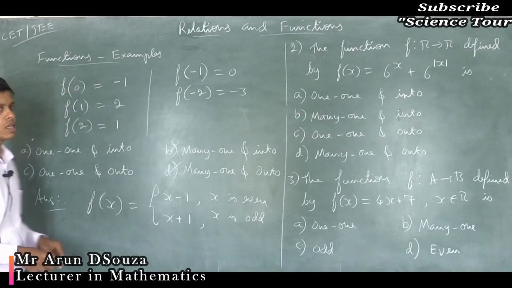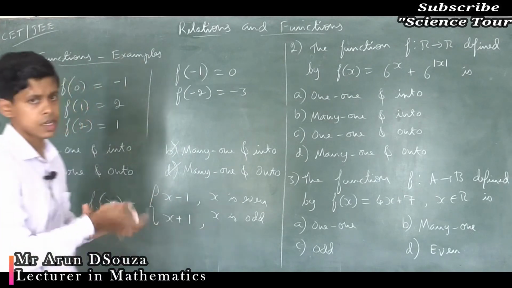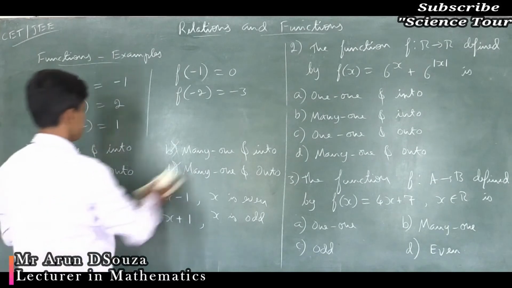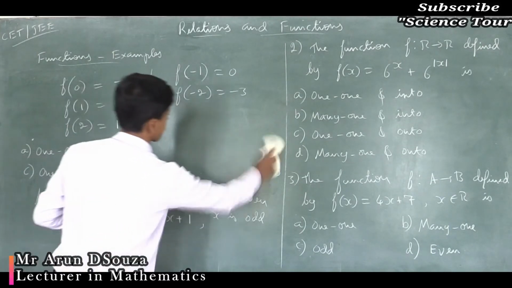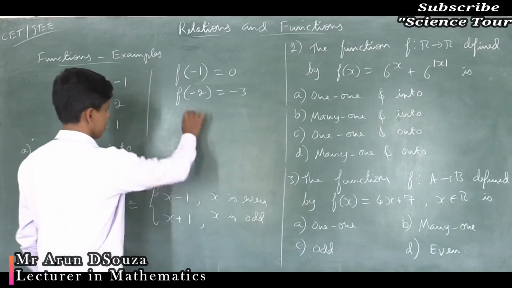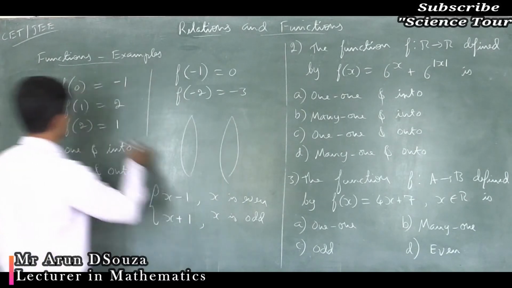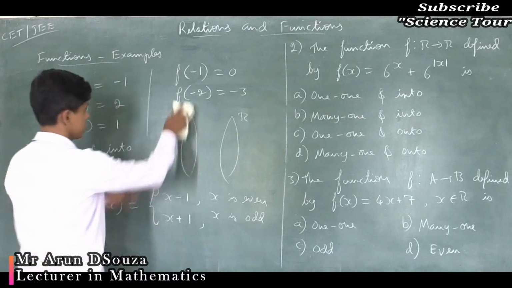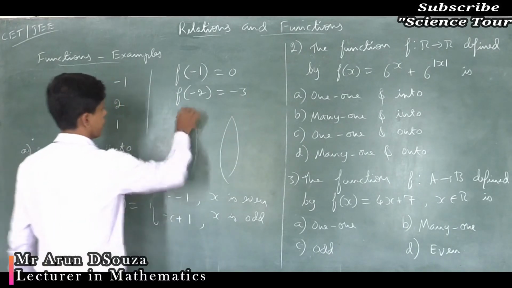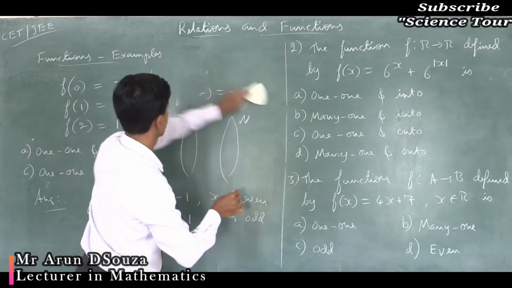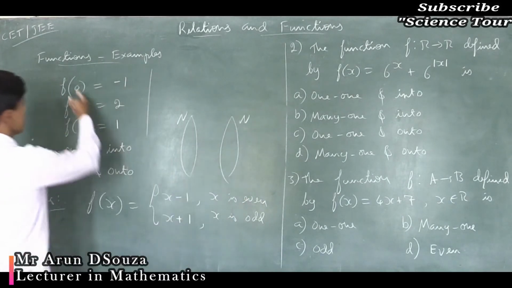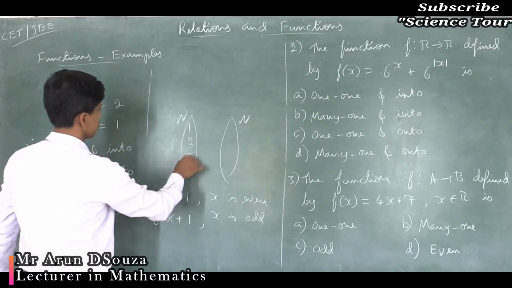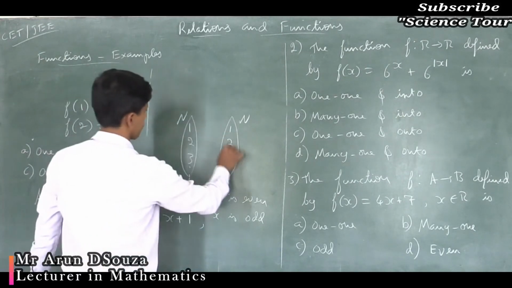Now let us understand, do you have a unique pre-image? So let us just map this using an arrow diagram. You have got all the natural numbers here. So if you have the natural numbers, then you got 1, 2, 3 and so on, right?